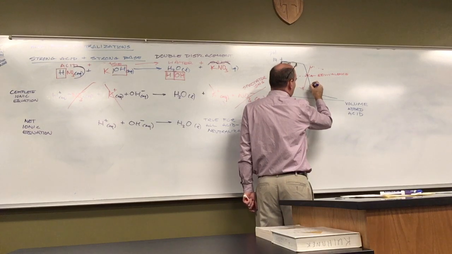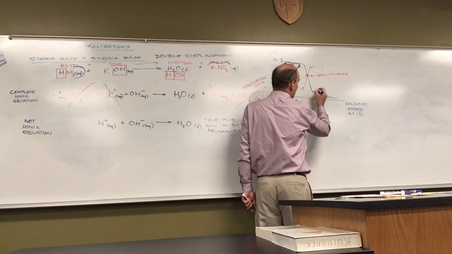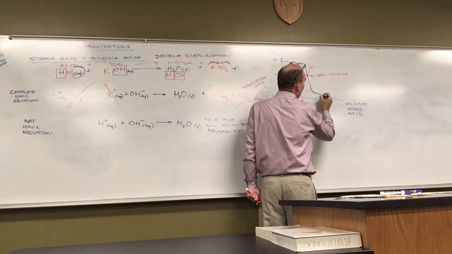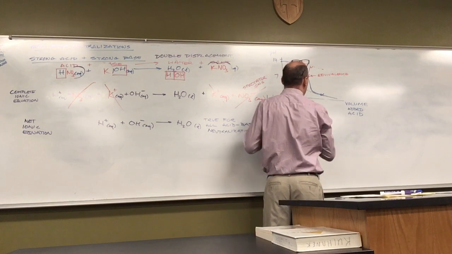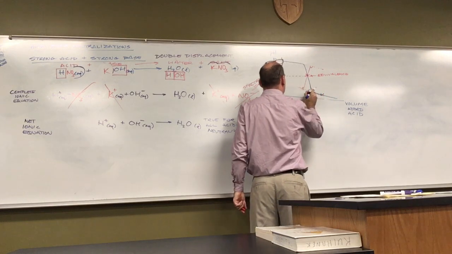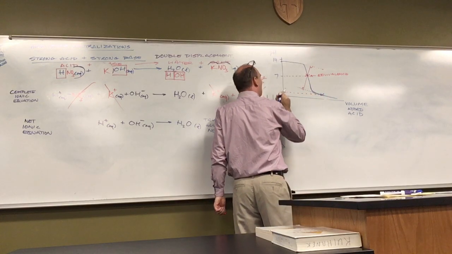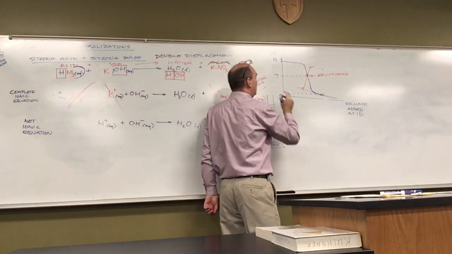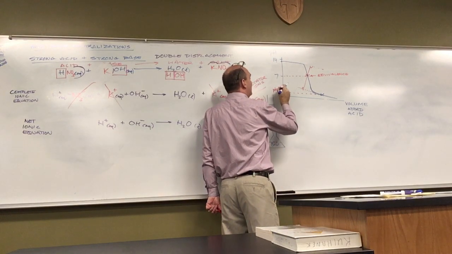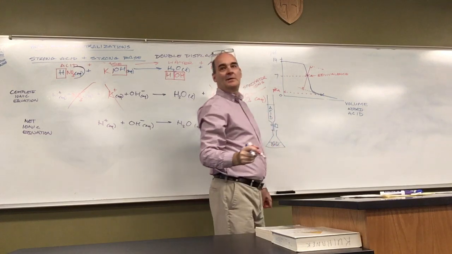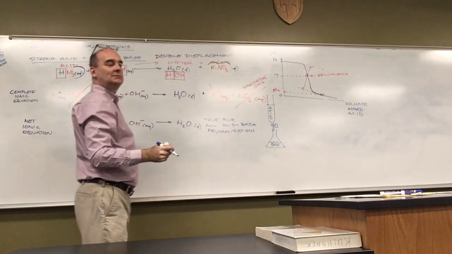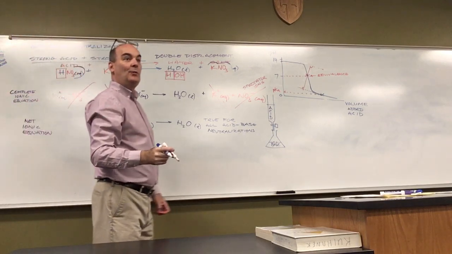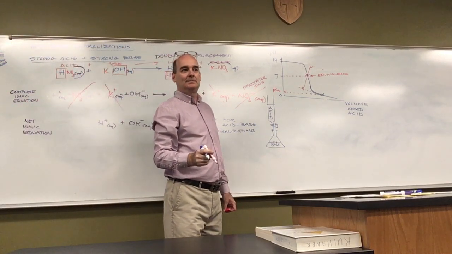And then as this curves out like this, halfway along this, if we plot that back, it's going to reveal a mysterious number that we haven't introduced yet, called pKa. But we know what Ka is, and we also know what P is.